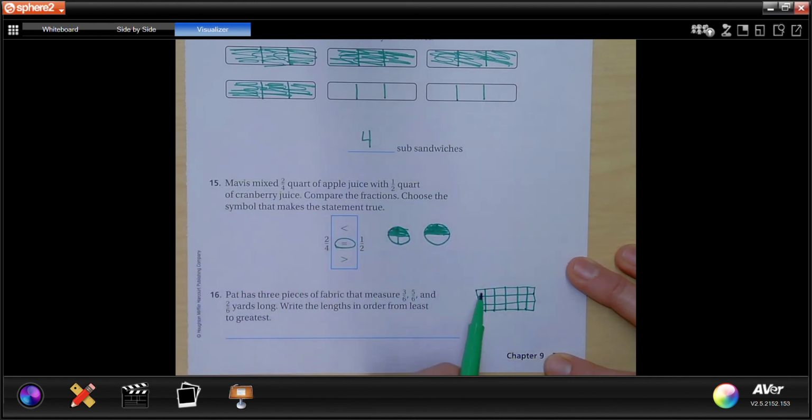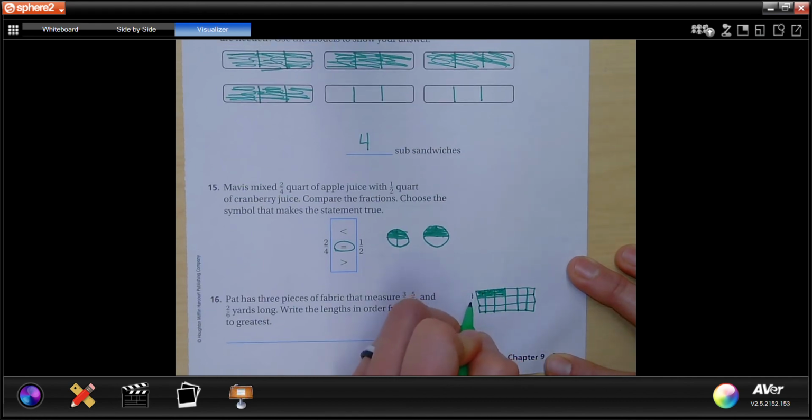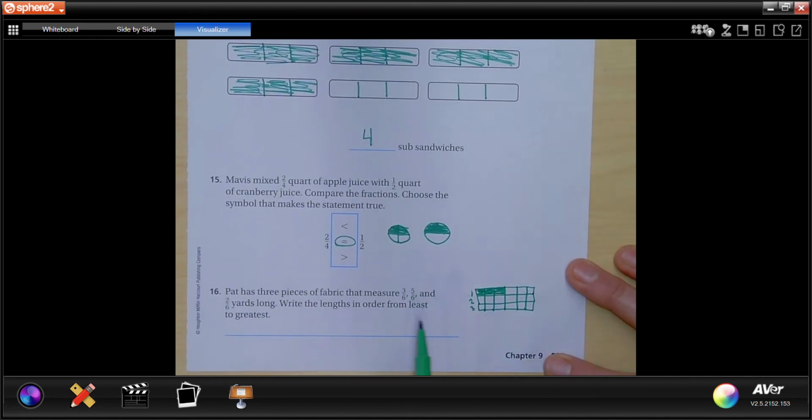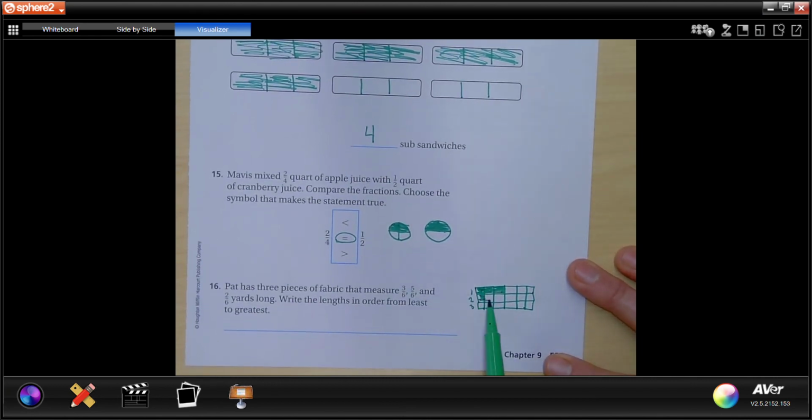Okay, 3/6, 1, 2, 3/6 for the first one. There's 1, there's 2, there's 3. Okay, the second one's 5/6, 1, 2, 3, 4, 5. Okay, there's the second one. The third one is 2/6, 1, 2.